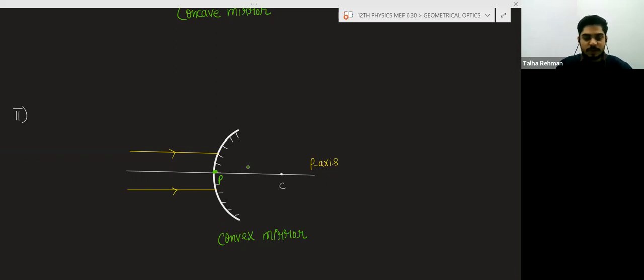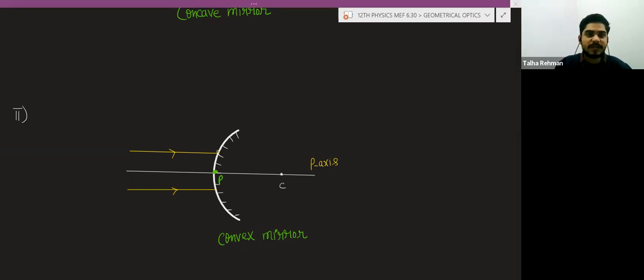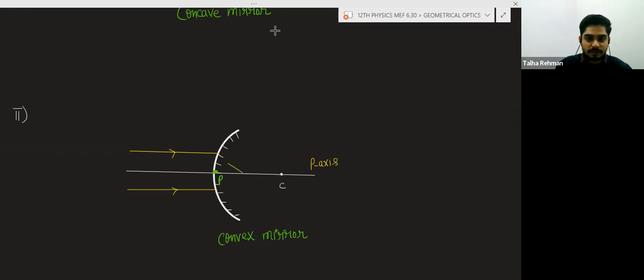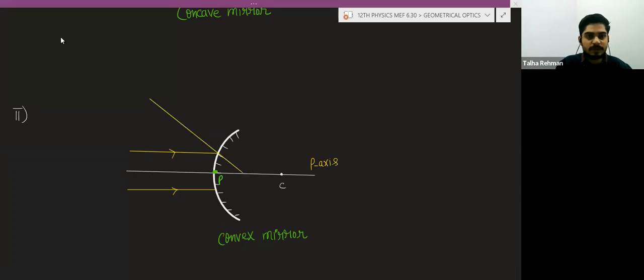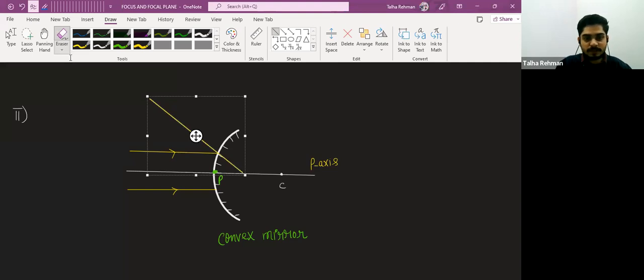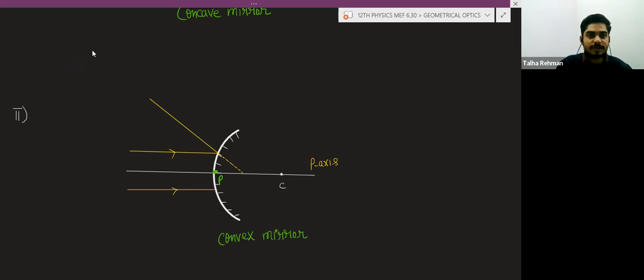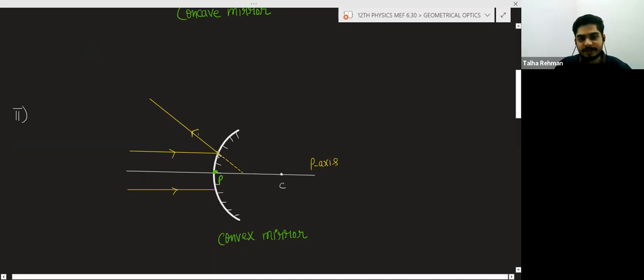So this ray of light is incident like this, so what will happen? Reflection will take place. This is the ray of light incident at this point and reflected like this.